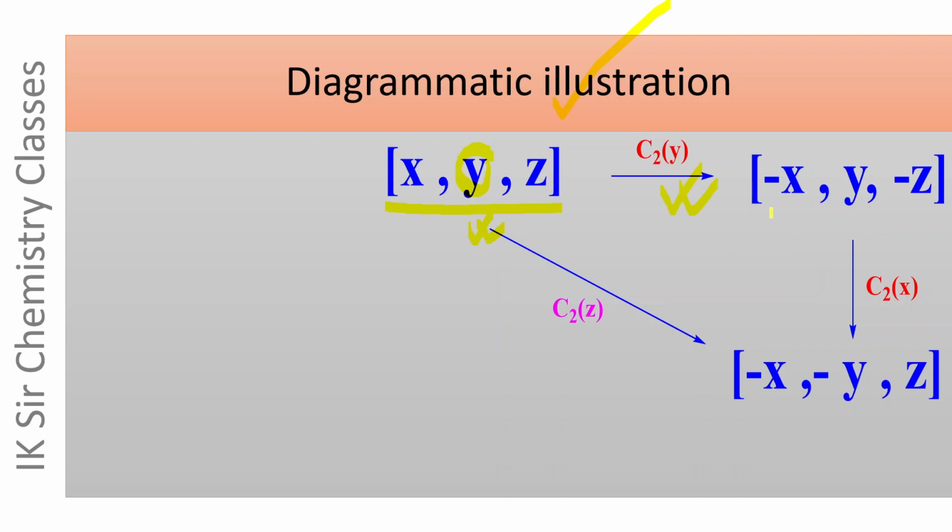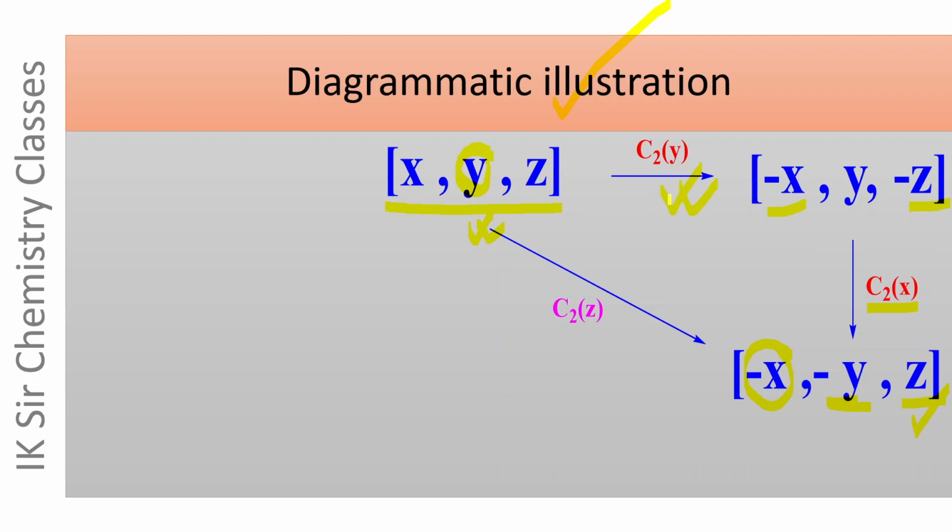X will move to minus x and z will move to minus z. If thereafter C2x operation is applied, there will be no change in x, while y and z will have opposite signs. Y will move to minus y, while minus z will move to plus z.